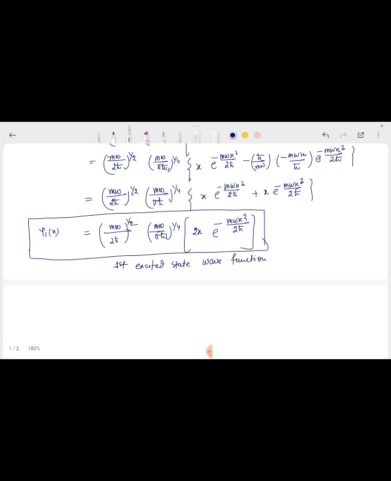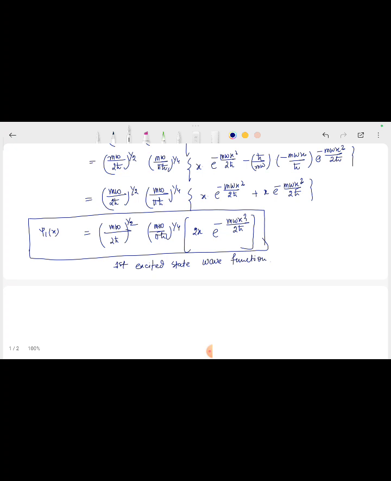But now let's modify these two expressions, ground state and first excited state, in a very simple form. Actually we use polynomials, right? What kind of polynomials? These are Hermite polynomials. We express the ground state eigenfunction and first excited state eigenfunction in Hermite polynomials.